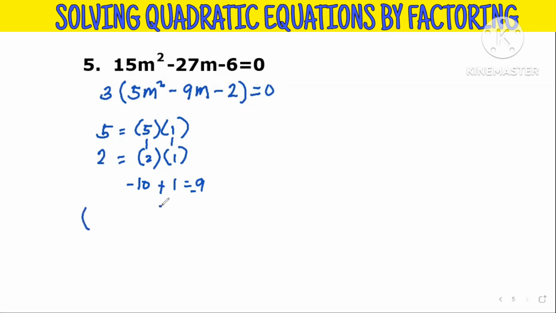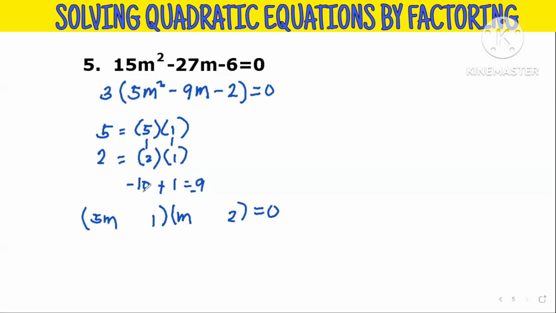Again, let us put a pair of parentheses and equate to 0. Factors ng 15 natin, again, is 5 lang naman at saka 1. So, we have 5m and m. Since I pair 5 with 2, dito ko lalagay si 2 at dito si 1.